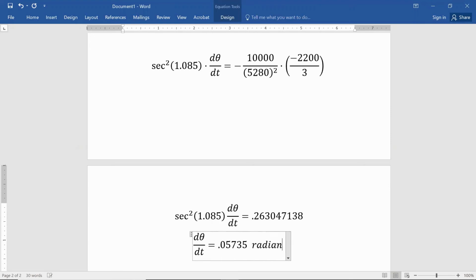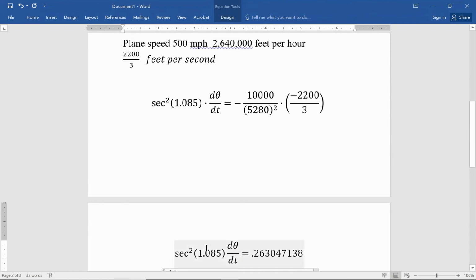That would be in radians per second. So the angle of the gun has to increase by about 0.057 radians per second. That's the rate of increase on the angle of the gun.